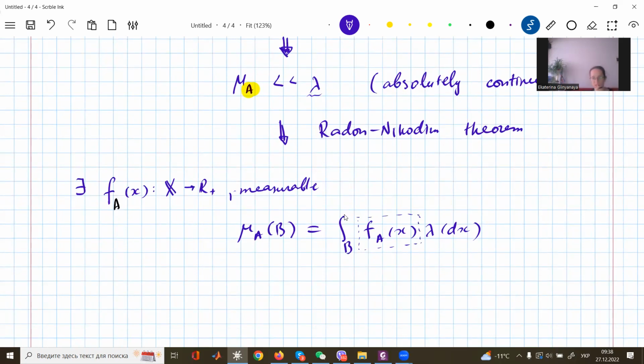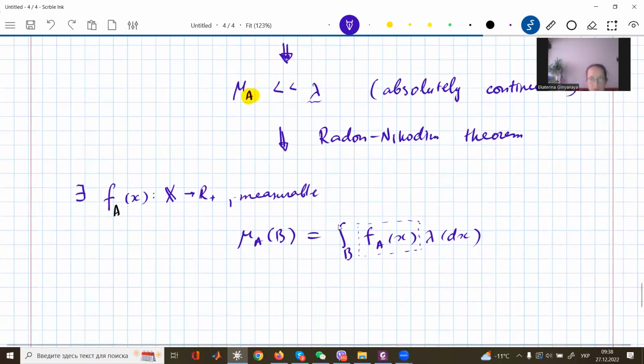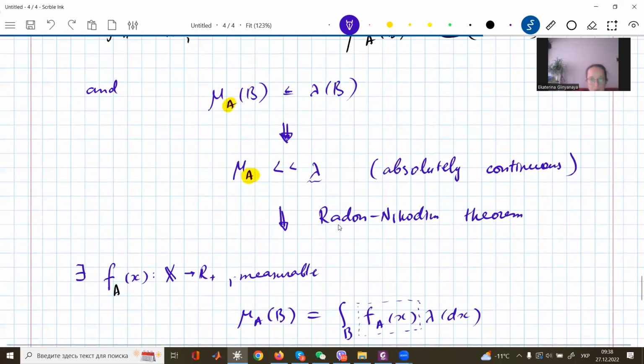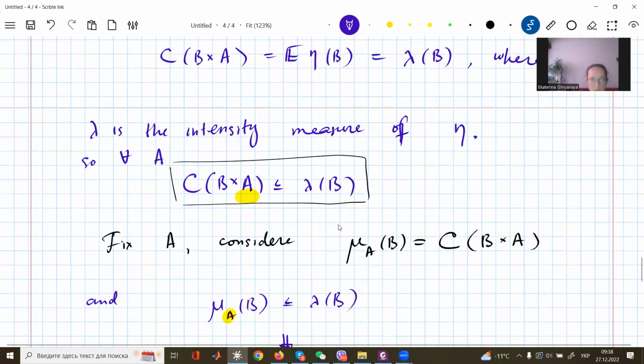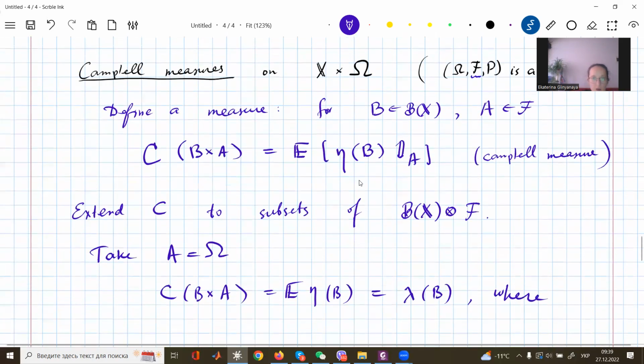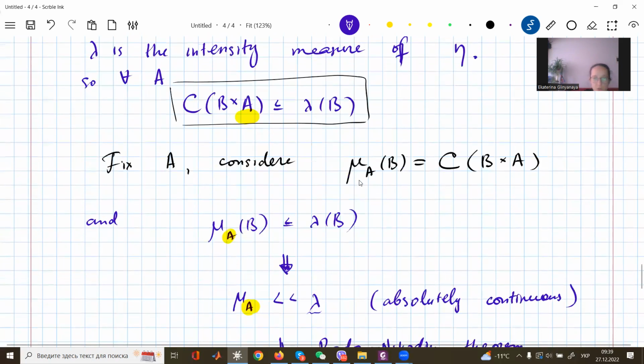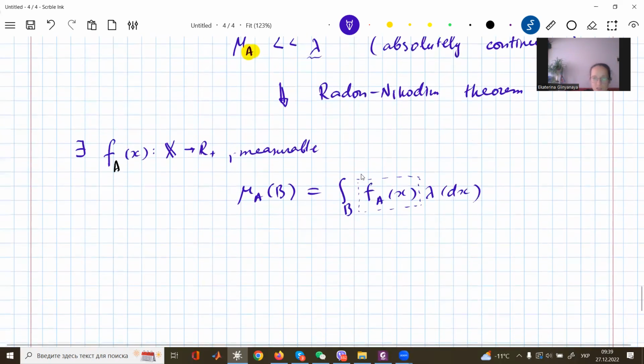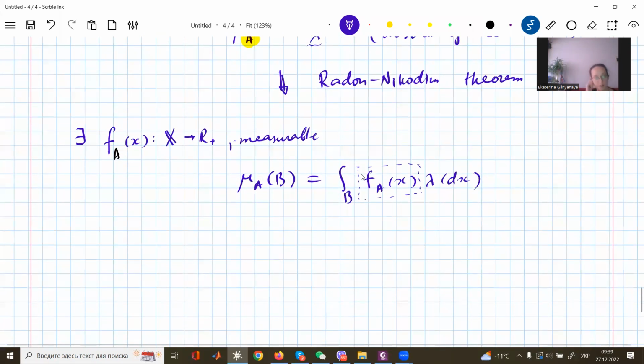And since it is non-negative, and we can see that it is bounded by 1 from the definition, we will consider this function f as a conditional distribution.